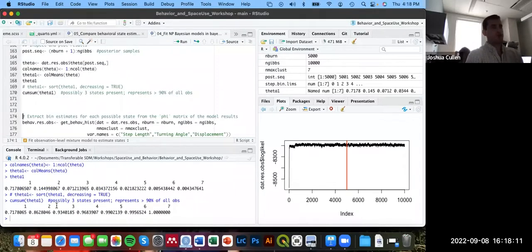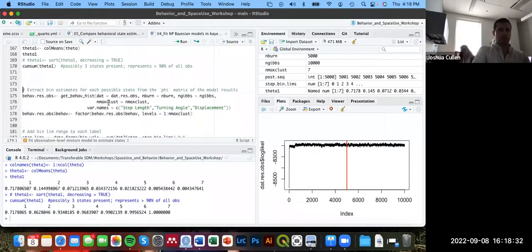So if we look at the number of states that at least reach that 90% threshold, it appears that by the third behavioral state, it surpasses 90%. So I'm assuming most likely 3 states. There's the possibility there's a 4th, but we won't know that until we plot these state-dependent distributions.